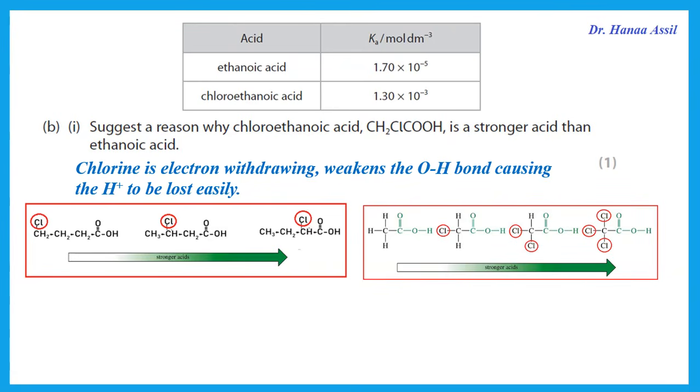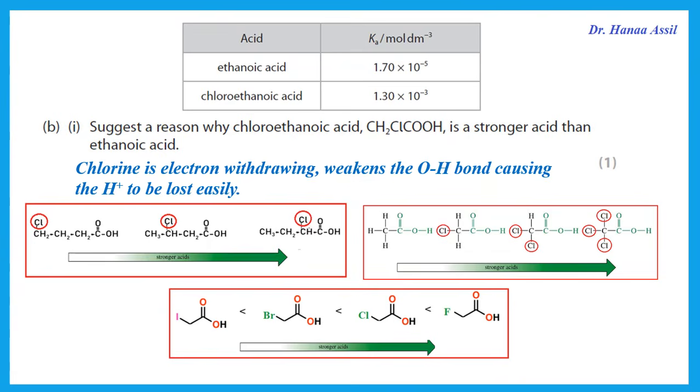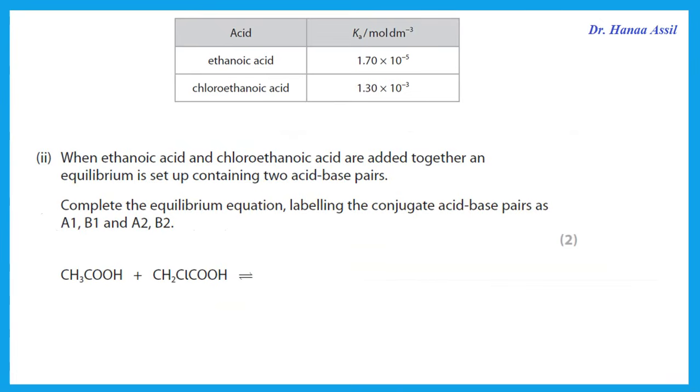So having one substituent as a chlorine, or 2 or 3, this increases the acidity. And remember that if we have different halogens, the one that is more electronegative would cause the acid to be more acidic. So an acid having fluorine is more acidic than the one with chlorine, and so on. So please remember all of these.